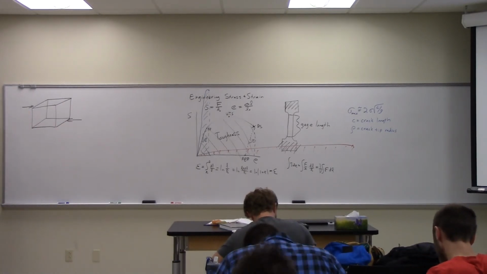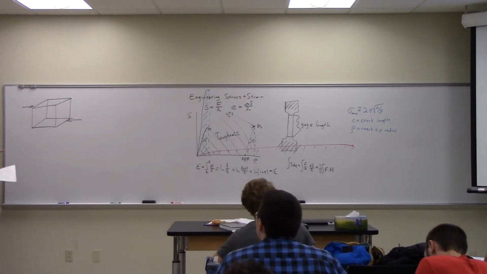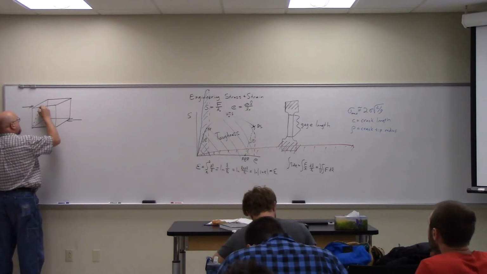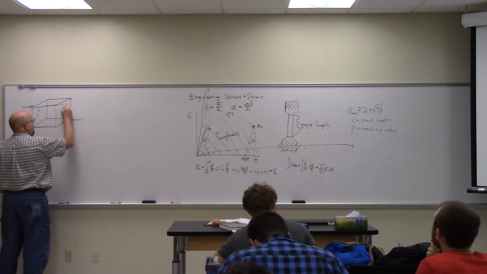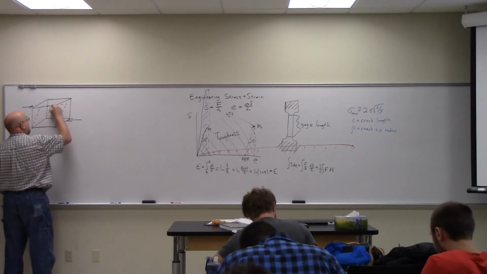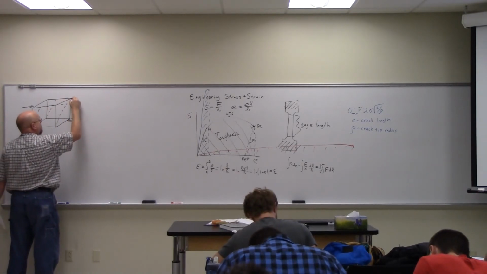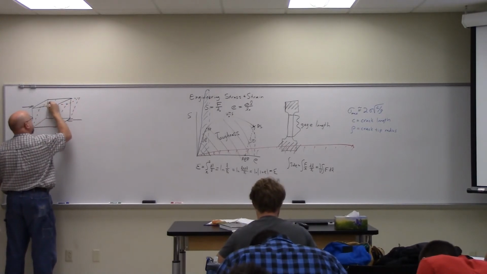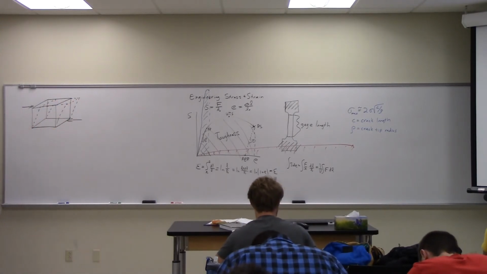I'm pushing kind of like the deck of cards, sliding the top over the bottom. So what ends up happening is I get that kind of deformation. Everybody see how that would happen?